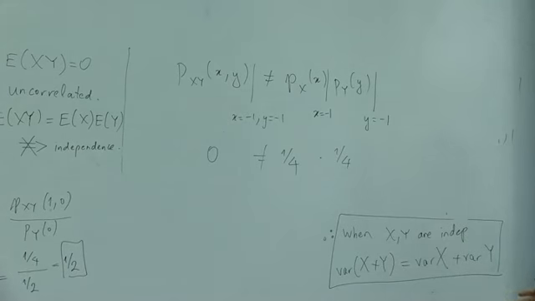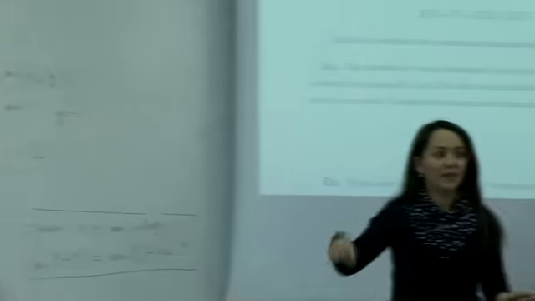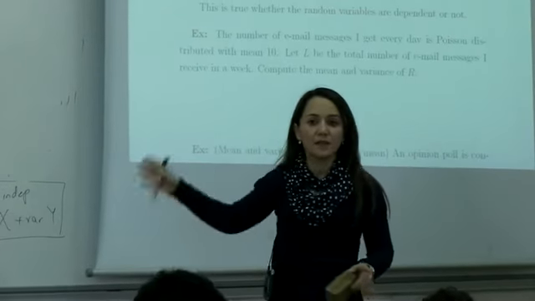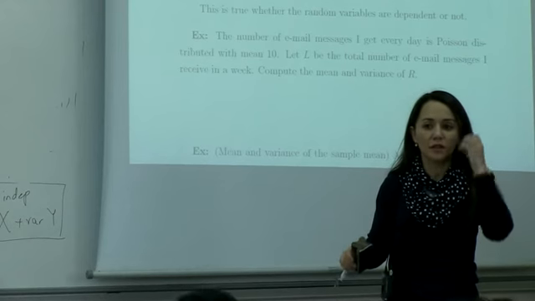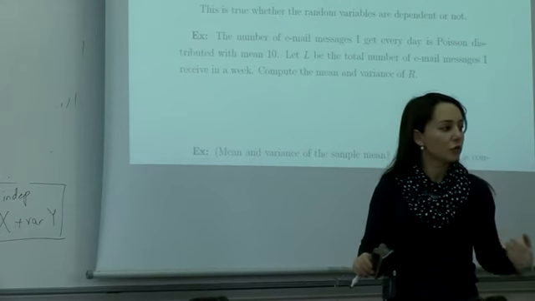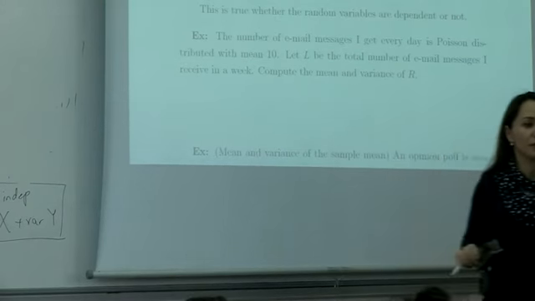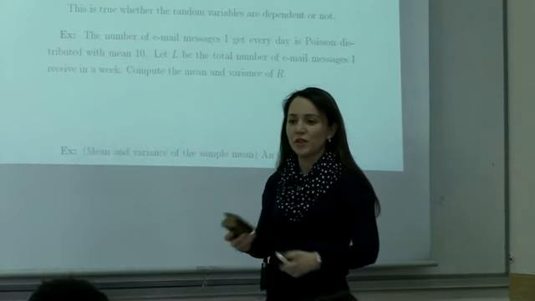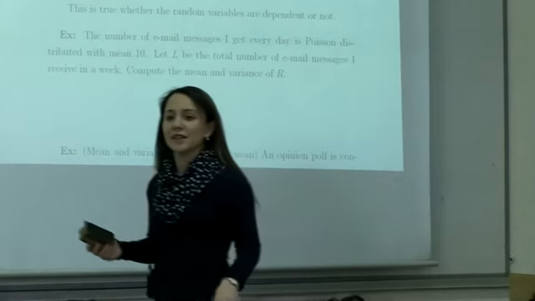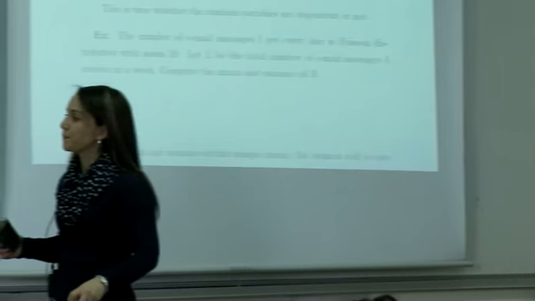In this case, it is violated at every point for this example. But in general, it doesn't have to be violated at every point. Even if it's violated at one single point, it's enough to conclude that they are not independent. Any more questions? Is it clear? Yes, please.